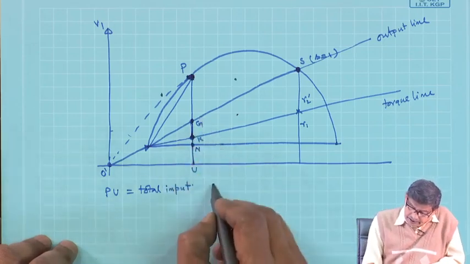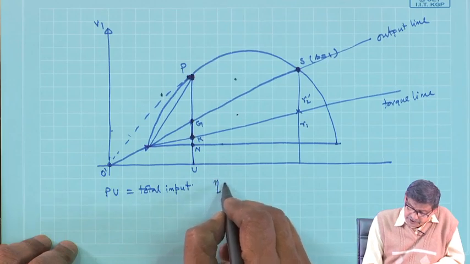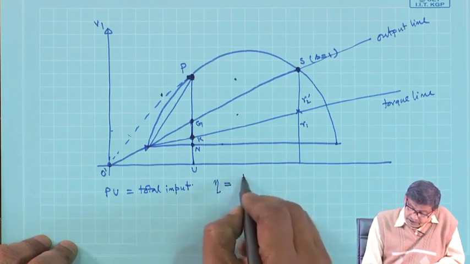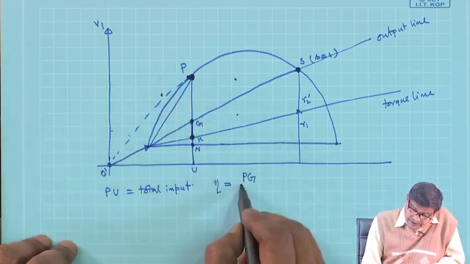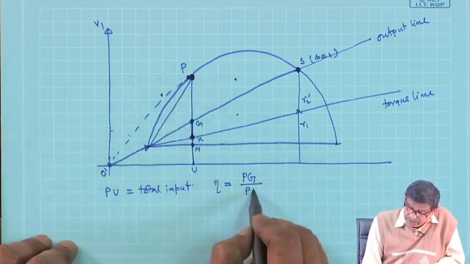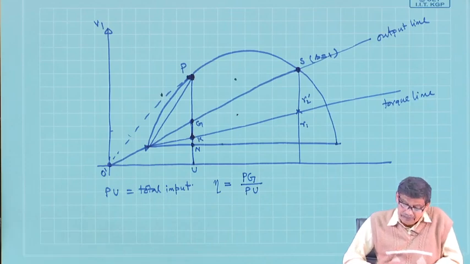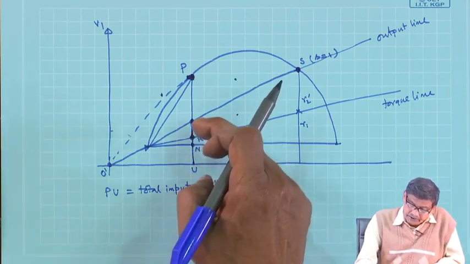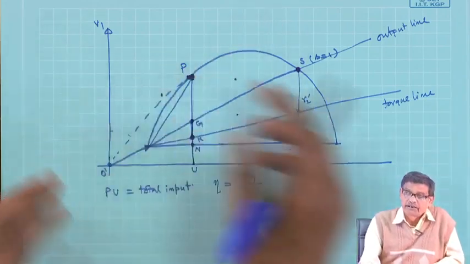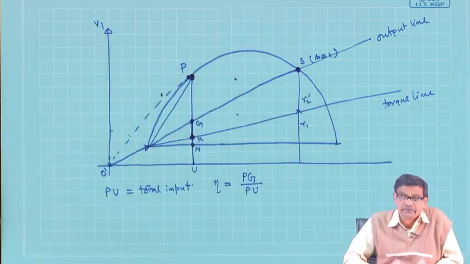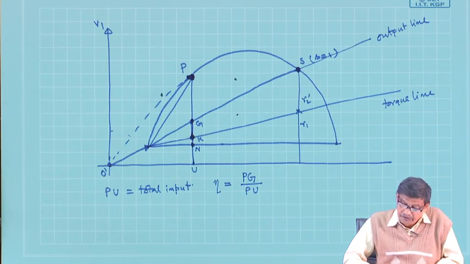And as I was telling, efficiency of the machine will be output power, that is Pg, divided by Pu. And of course, I can find out also rotor copper loss, stator copper loss, input power factor and so on. Everything can be found out.